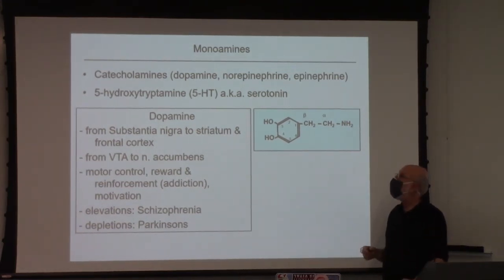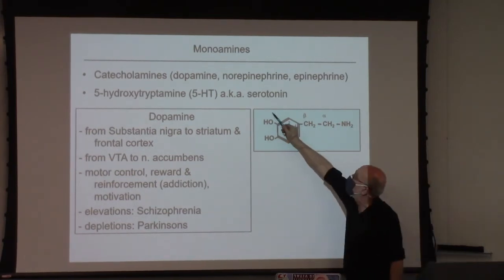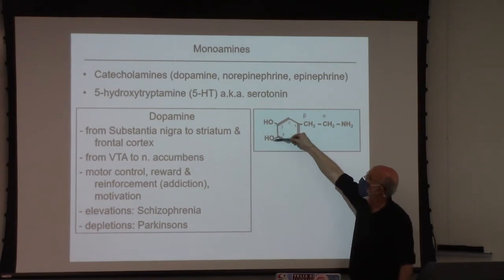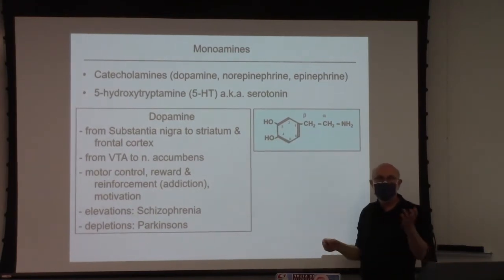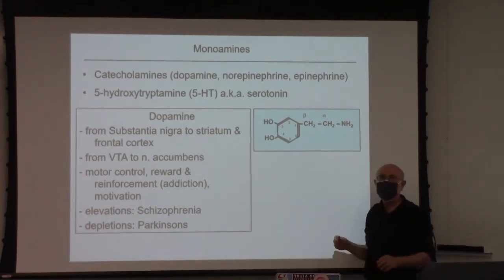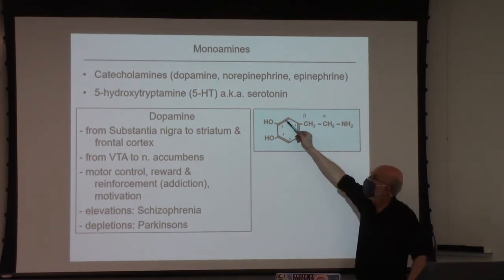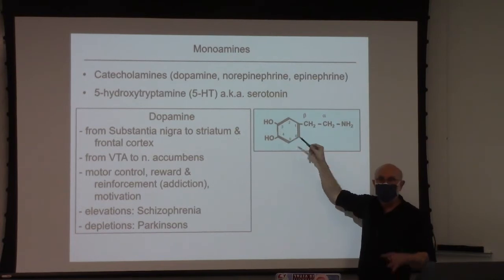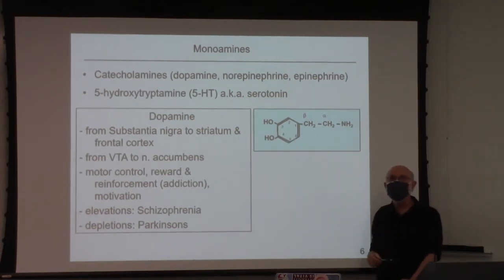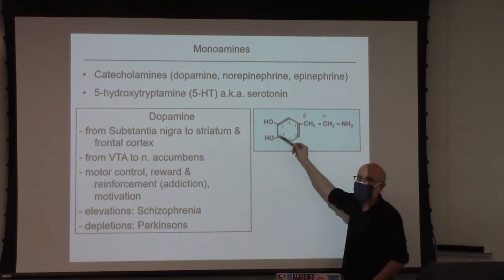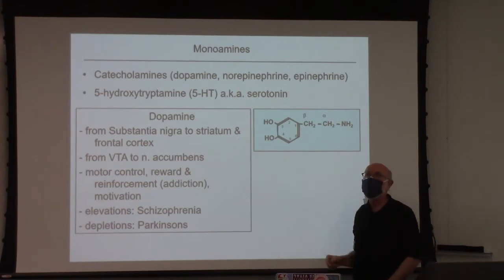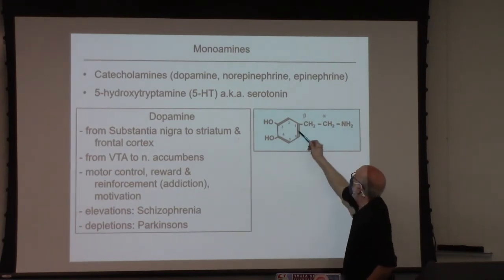What makes them a catecholamine is this thing right here: a benzene ring with two hydroxyls in the ortho position. That makes this a catechol. So a little bit of organic chemistry. Did you get this in organic? Maybe. You certainly got ortho, right? So an ortho-hydroxy benzene ring makes this a catecholamine.